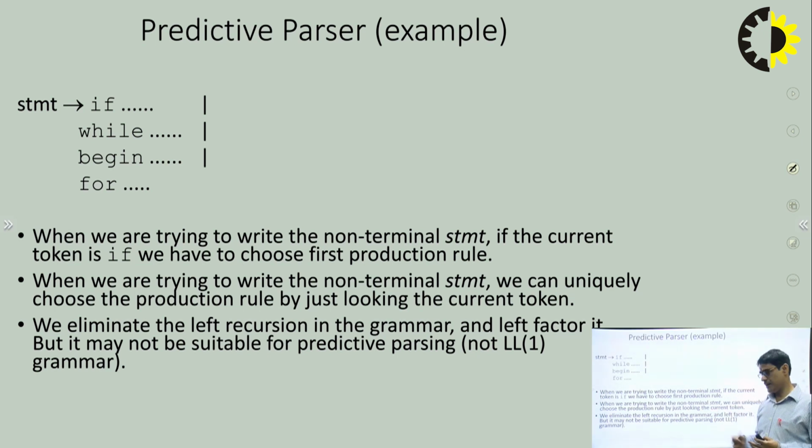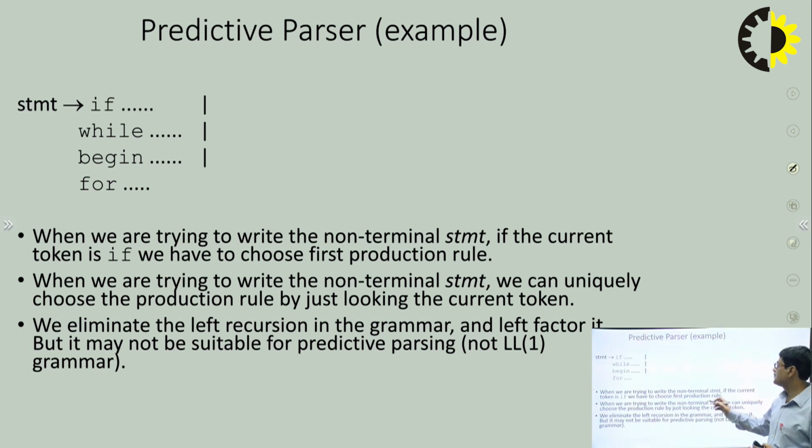We have to identify that terminal, find the precedence between them, resolve that conflict, and then we make a parsing table which is actually the correct parsing table for an ambiguous grammar. So the predictive parser is inefficient, unable to parse an ambiguous grammar.